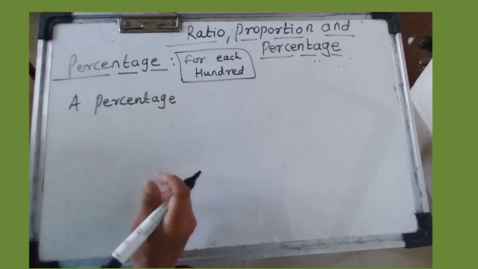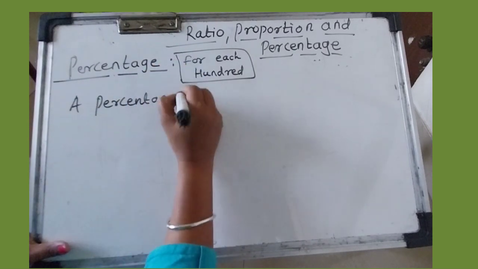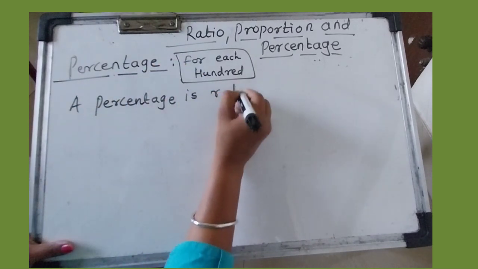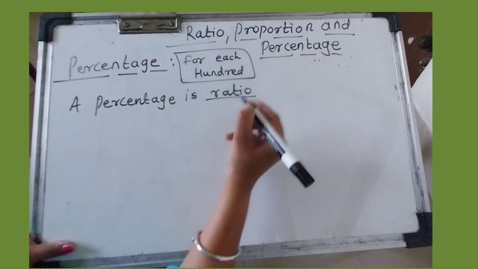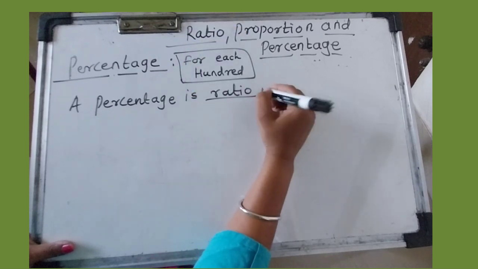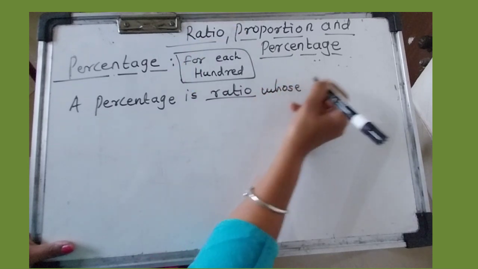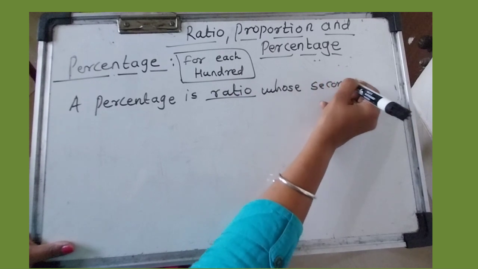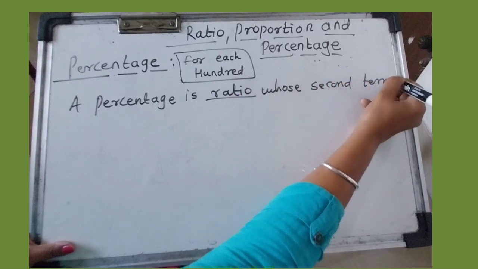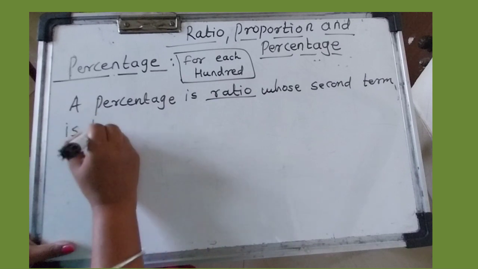A percent is a ratio. Ratio we already studied. A ratio whose second term is 100.